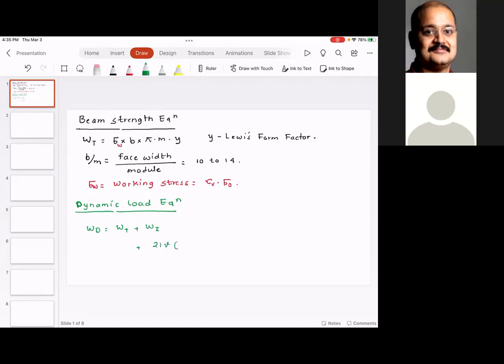This load is given as (BC plus WT) divided by (21V plus square root of (VC plus WT)). In last class, I spent some time talking about how to find these factors, how to get the value of B, how to get the value of C, and so on.